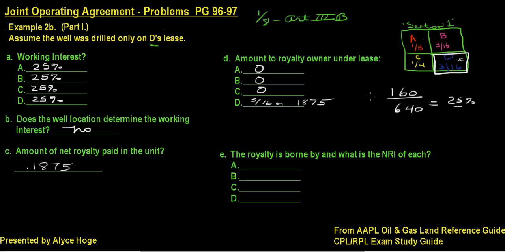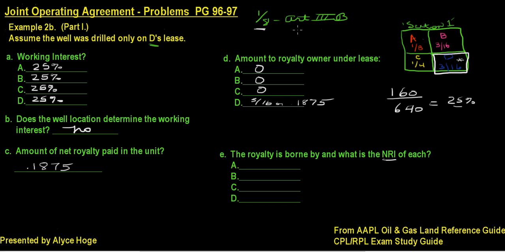Now, here comes the tricky part. The next question is, by whom is the royalty borne, and what is the working interest and the net revenue interest of each? So that means who's going to pay the royalty and what is going to be their net revenue interest. Well, just like we did in 2A, when we have a joint operating agreement, we're saying we're all going to agree to share the royalties up to a certain fraction.